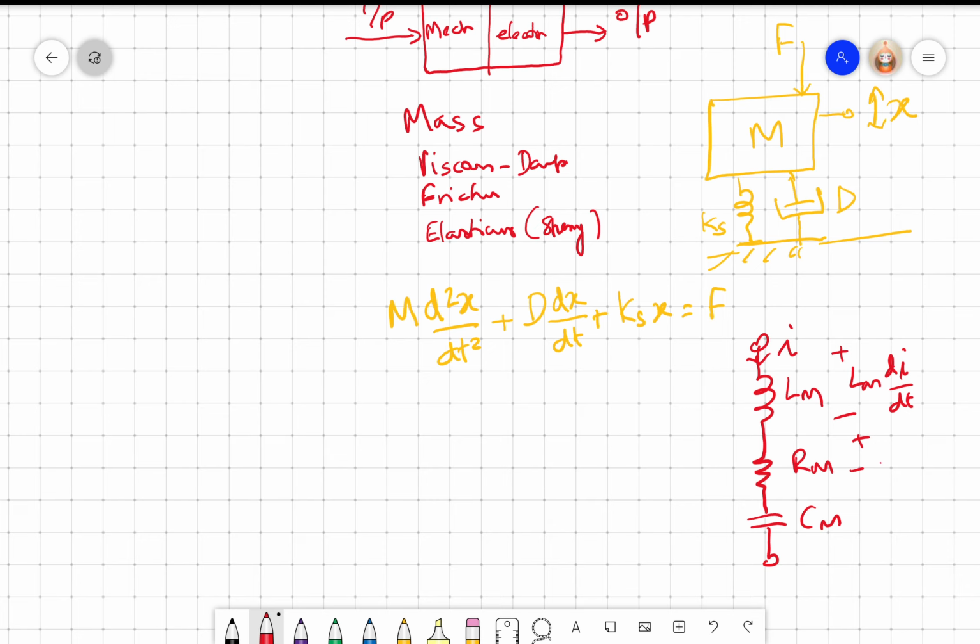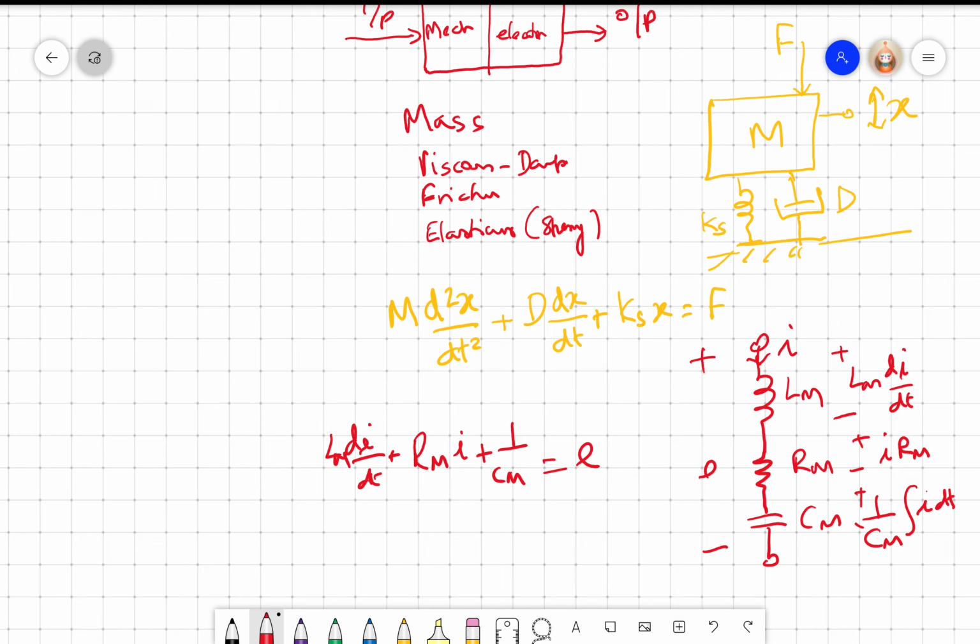This would be I into Rm. This would be 1 by Cm into integral I dt, right? That will be the voltage here. So the total voltage E, I can write as E equal to Lm di by dt plus Rm into I plus 1 by Cm into integral I dt, right? That would be the total EMF E across the circuit.